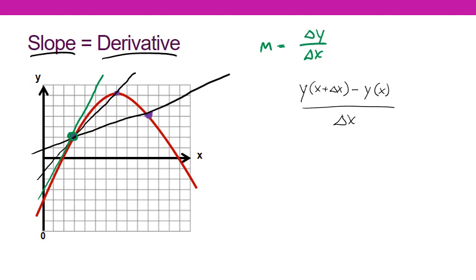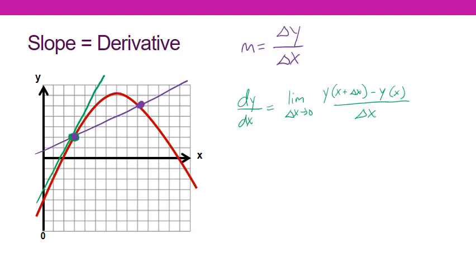And then as I move these points closer together, I'm taking a limit as my change in x goes to 0. Get the points closer and closer together. And this is the definition of the derivative of my function with respect to x. So when we talk about slope, we can find instantaneous values of a curve by taking the derivative of our function. Now, your first calculus class will spend most of the course teaching you how to take derivatives.